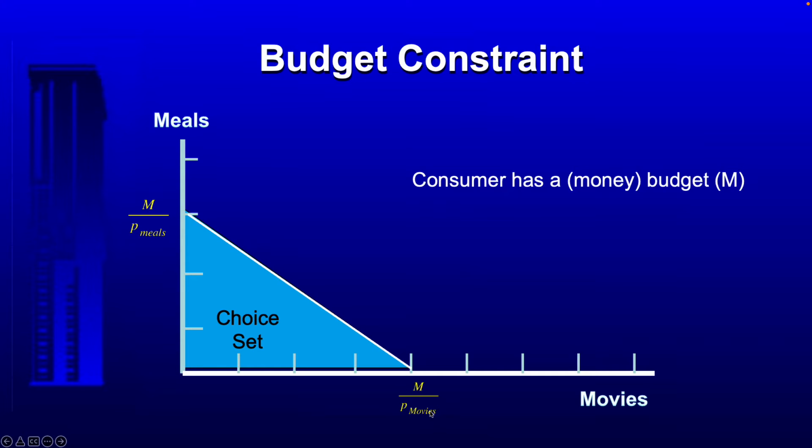Of a great deal of interest to us is going to be how this line will represent the ratio of the prices of, say, movies for meals. So we're going to take a look at the rise and the run of this line here, which is the slope, but it gets a little bit more complicated than that.